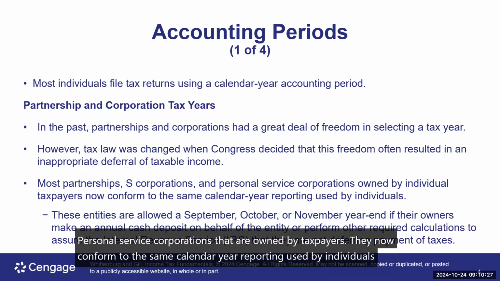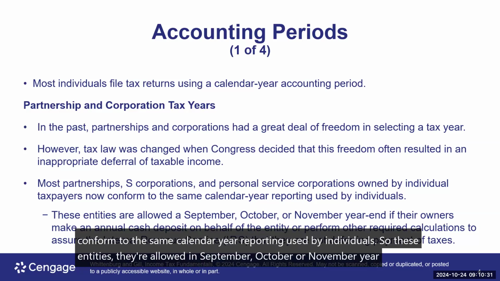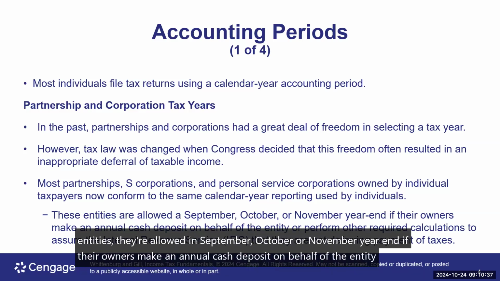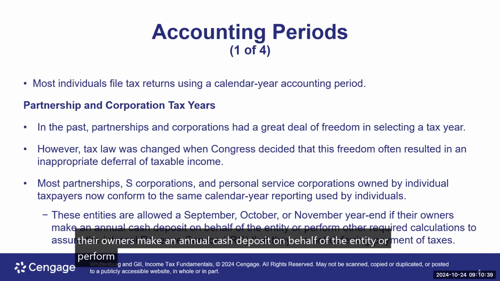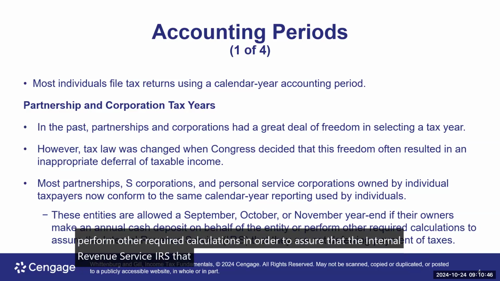These entities are allowed a September, October, or November year end if their owners make an annual cash deposit on behalf of the entity or perform other required calculations in order to assure the Internal Revenue Service, IRS, that they are not deferring any payment of taxes.